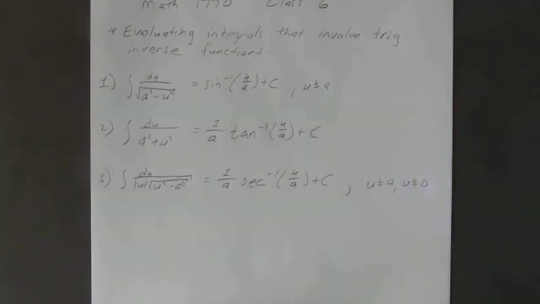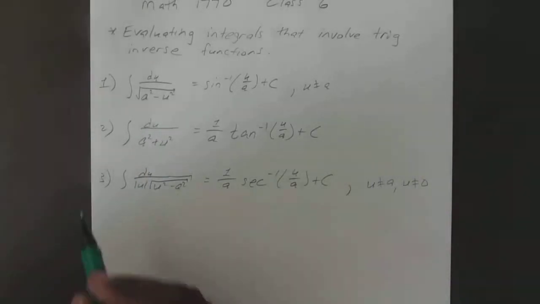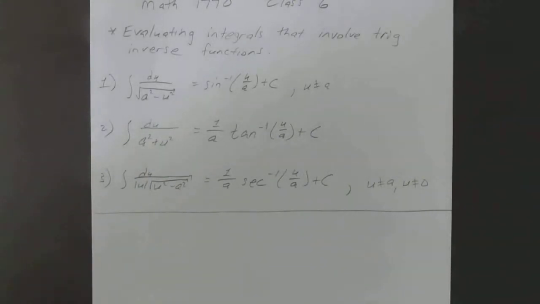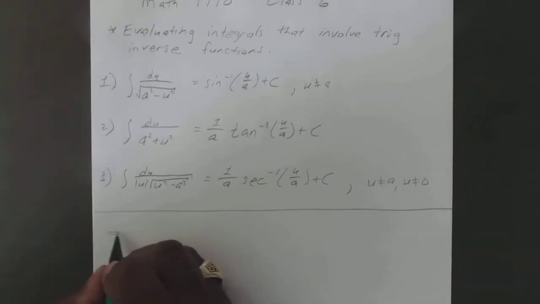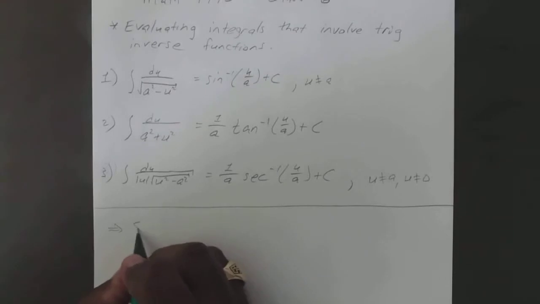Now the reason we only have these three is because the only difference between the sine inverse and cosine inverse is that the cosine is negative. So in order to avoid having you memorize 6 formulas, you just memorize 3.